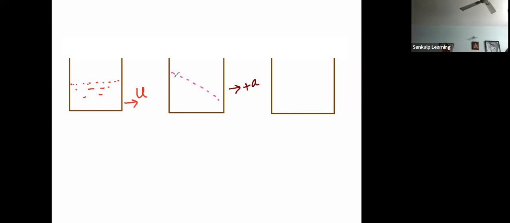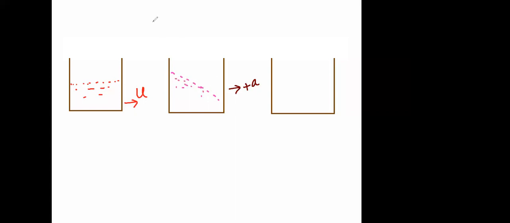The vessel is moving towards the right with uniform velocity. Then the shape of the liquid surface will be horizontal. If the vessel is moving with positive acceleration, the liquid in it will be shaped like this. If the vessel is moving with negative acceleration, the shape of the liquid will be like this.